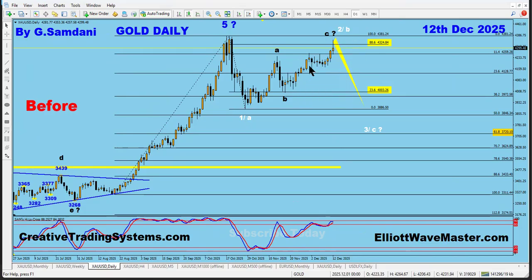On the 4-hour chart, we can see the 5 waves are finished. So if it is going to be C, it is finished. It has to go below this. It's very close to that, and it already started to drop. So let's see if we continue dropping. This is A, B, and C, then 1, maybe 2, and 3 is probably somewhere here. If my count is right, that's going to happen. Let's see what happens.